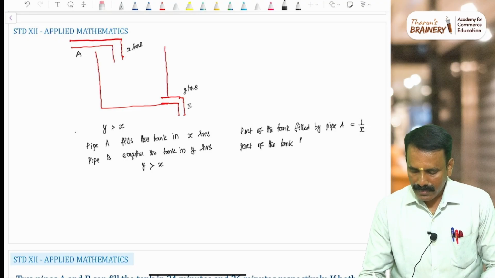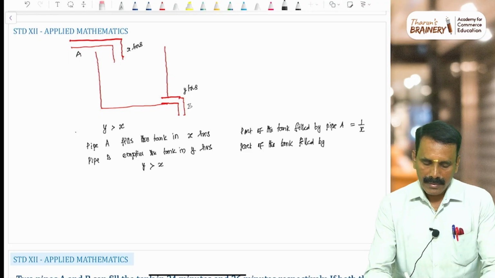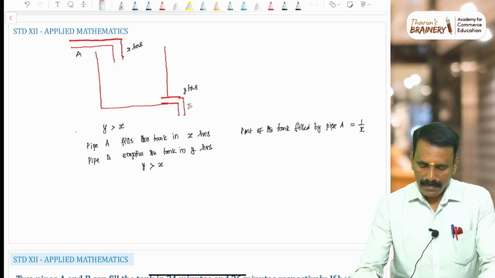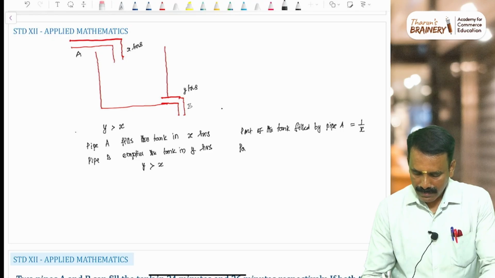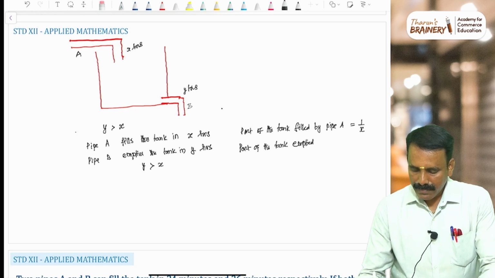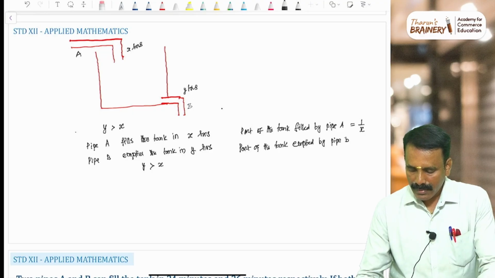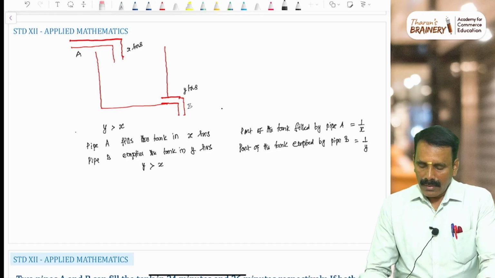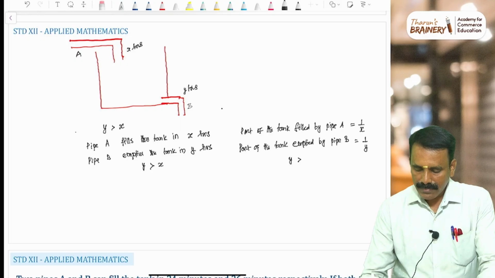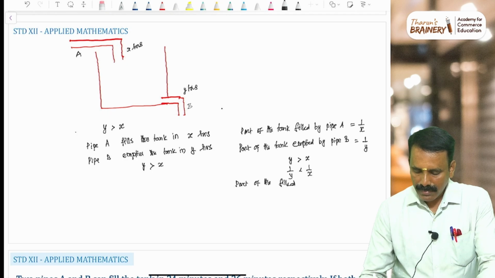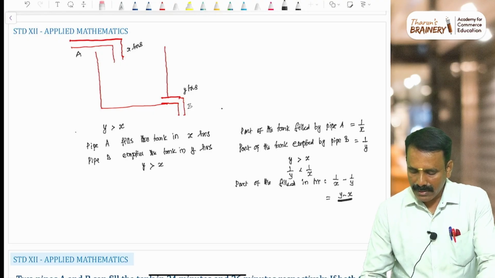Part of the tank emptied by pipe B is 1 by Y. Now we have Y greater than X, so 1 by Y will be less than 1 by X. So part of the tank filled in 1 hour will be 1 by X minus 1 by Y, which is nothing but Y minus X divided by XY.